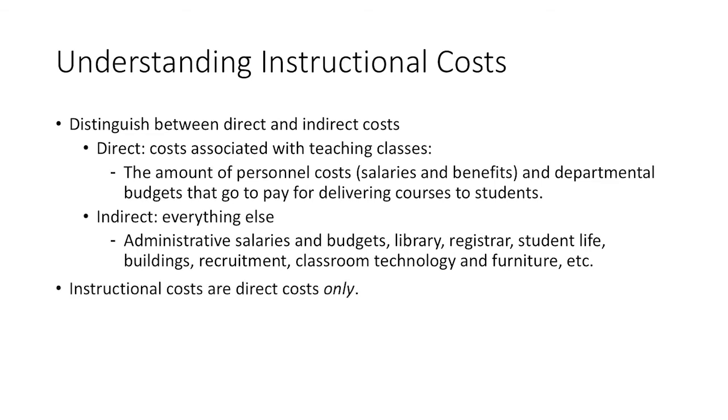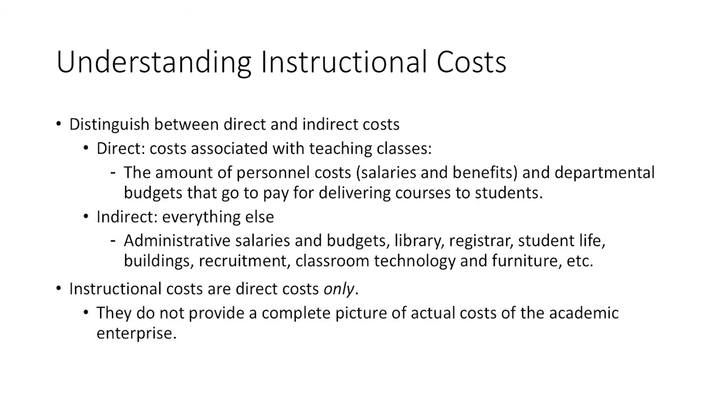When we're talking about instructional costs in productivity studies, we don't actually measure or calculate those indirect costs. So when we're talking about productivity studies and direct instructional cost, we don't pay attention really to half of the cost of getting a course taught. We're paying attention to just the marginal cost of that professor in that course to teach those students.